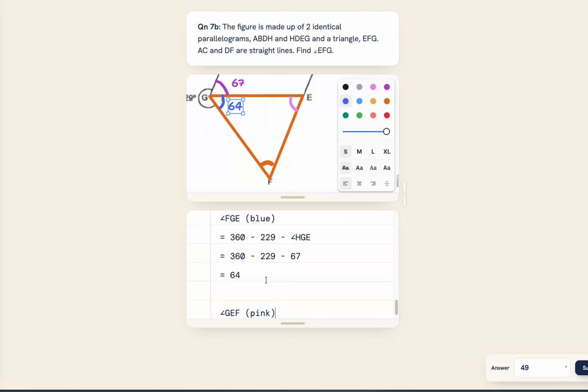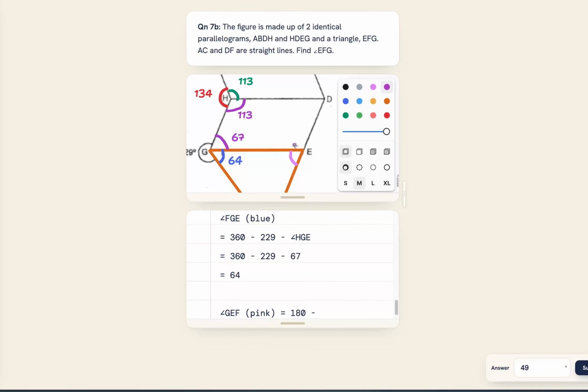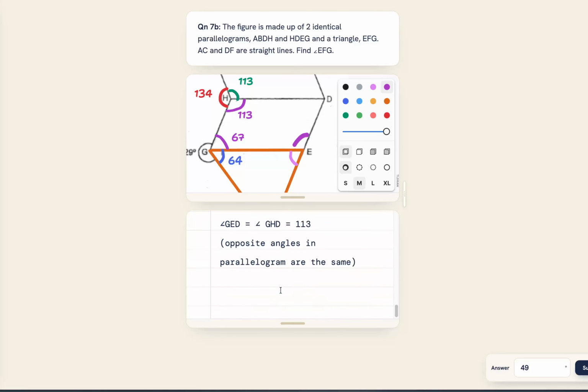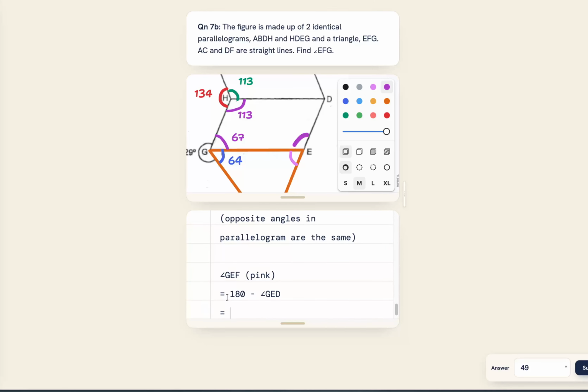GEF in pink is essentially 180 minus the other purple angle, which is GED. Angle GED is equal to angle GHD, which is also 113 degrees, because opposite angles in parallelograms are the same. So GEF in pink is equal to 180 minus 113, and this will be 67 degrees.